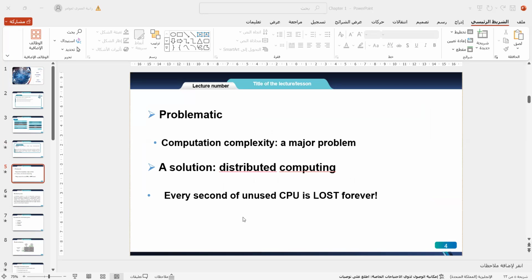The main problem when using grid computing is the computation complexity, which is really a major concern. What do we mean by computation complexity?